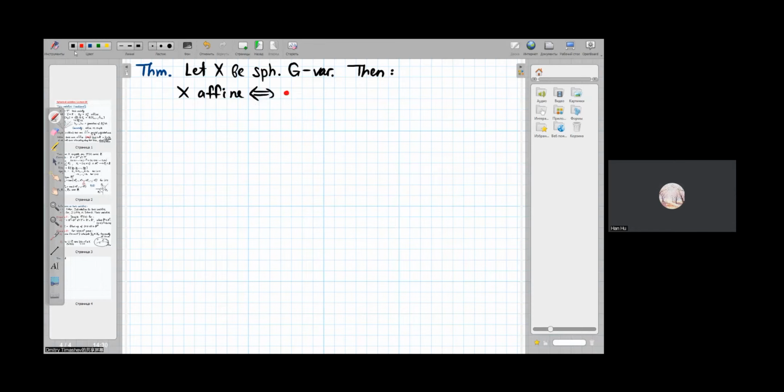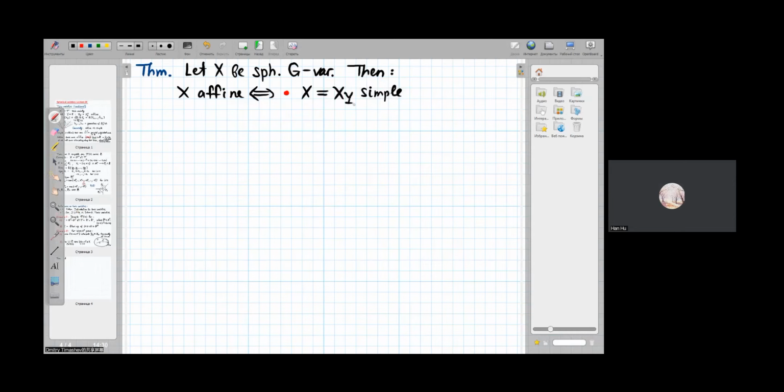The first one is that X is simple, say simple with closed orbit, let me denote the closed orbit by Y. So in the other notation, X equals X_Y.